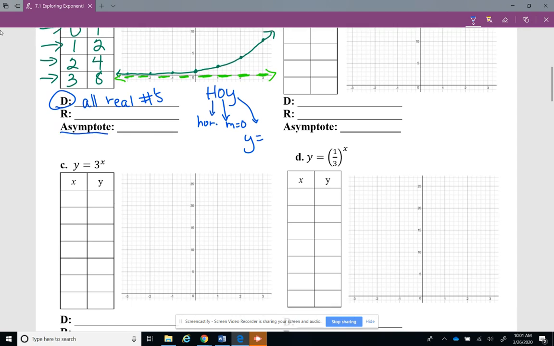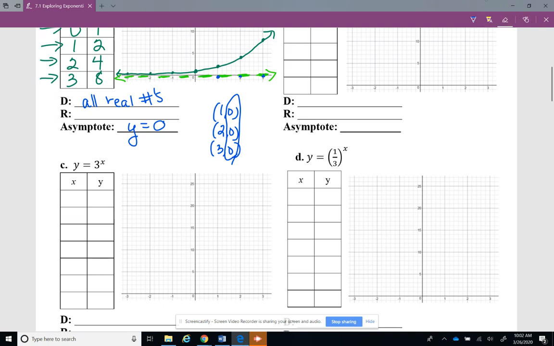So go down here where you see the word asymptote and put y equals. Now look at the asymptote. And in that asymptote, tell me what y equals. 0. So like this point right here, that's 1, 0. This point right here is 2, 0. This point right here is 3, 0. So what does y equal? It equals 0.